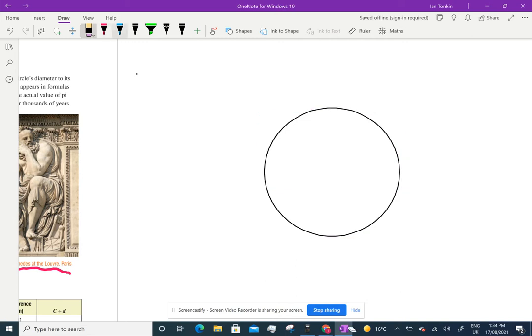He said, right, I'm going to draw a hexagon. I've done a very bad job of drawing this hexagon. So you get a hexagon on the inside, and then he drew a hexagon on the outside.